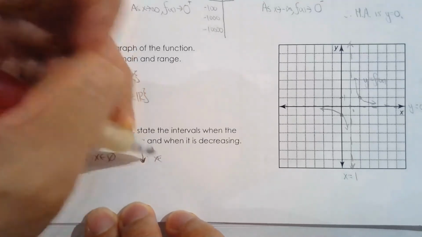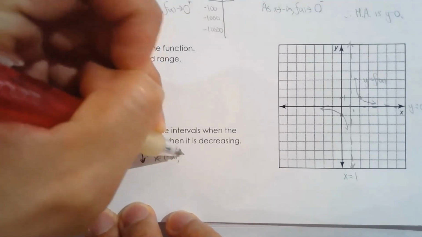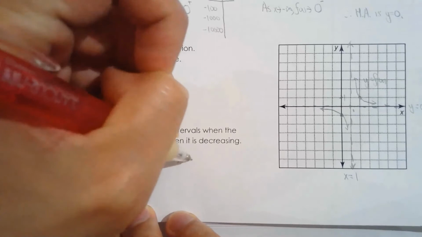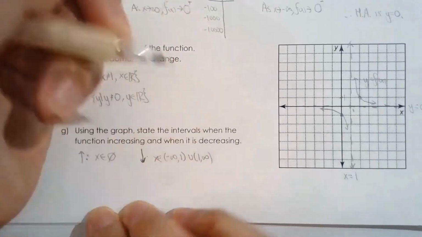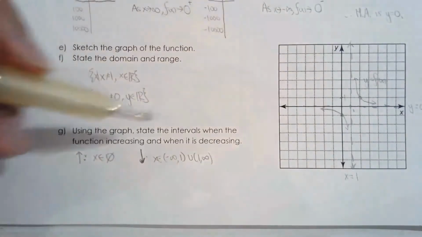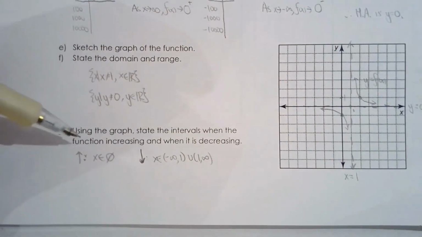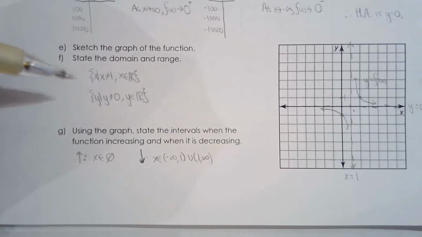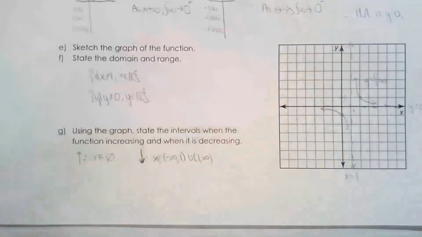So it's decreasing from -infinity to 1, and 1 to infinity. We cannot include 1 because at 1 it's undefined. There's a break in the graph, so we can't say at 1 whether it's increasing or decreasing. Nothing's happening there. Well, something's happening, but it's a vertical asymptote.